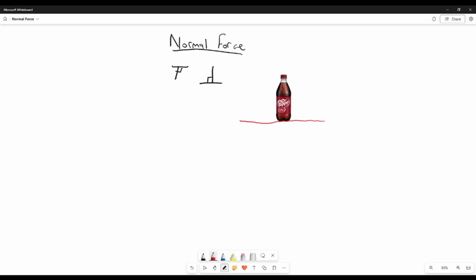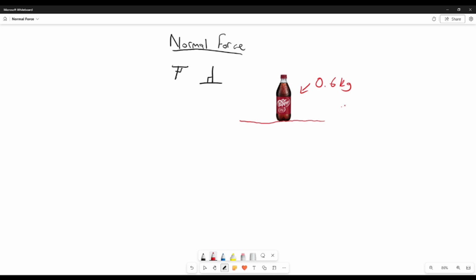So let's say that your bottle of Dr. Pepper has a mass of 0.6 kilograms. You would multiply that by g, the gravitational constant of Earth, to find the weight of it. And g on Earth is approximately 9.8 meters per second squared. So the normal force will be the weight but opposite.